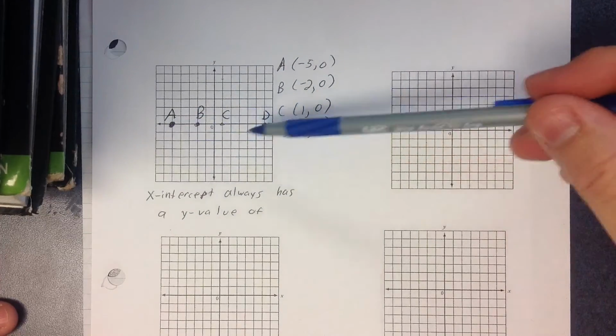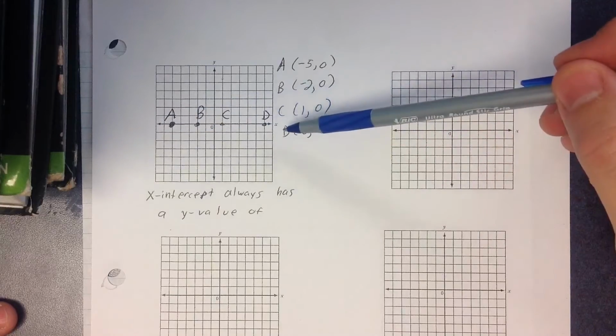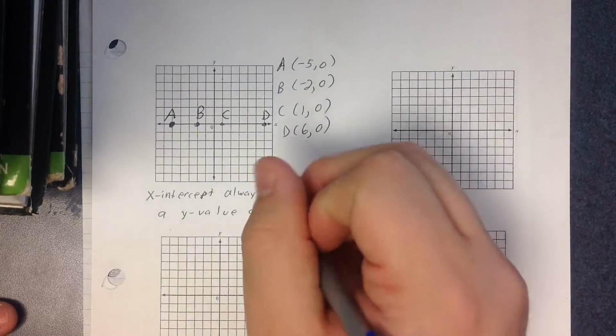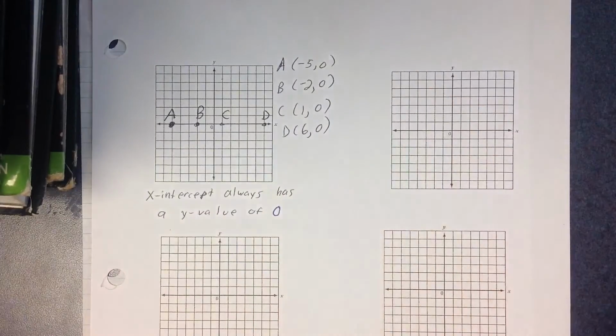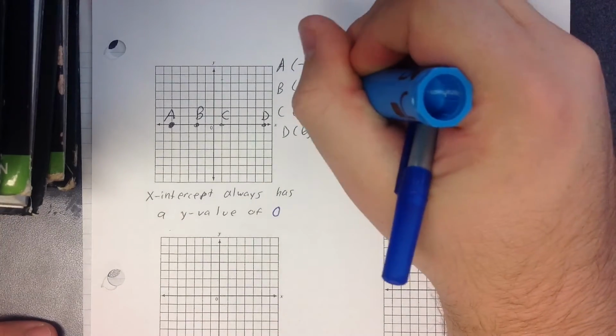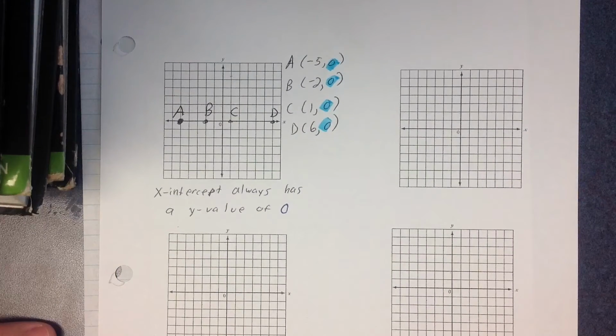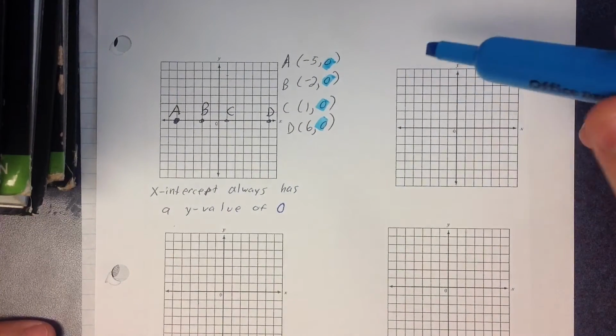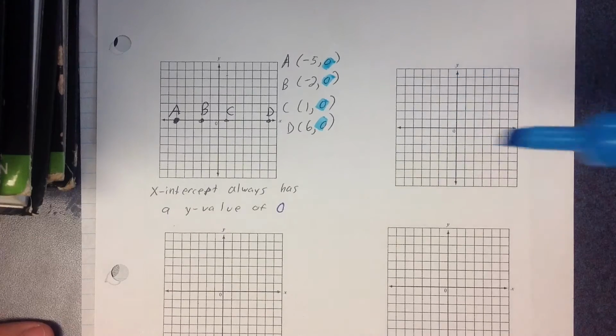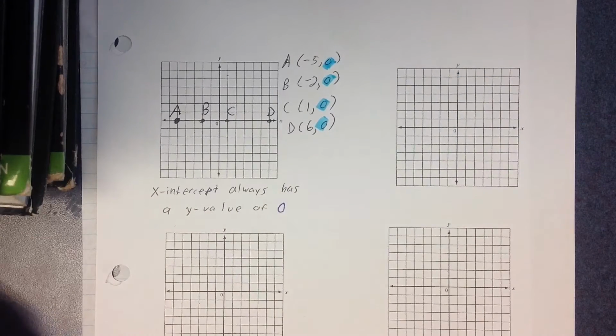Any point on the x-axis is going to have a y value of 0. Every y value was 0 if it's on the x-axis. So that's why when we find the x-intercept, we want to substitute 0 for y.